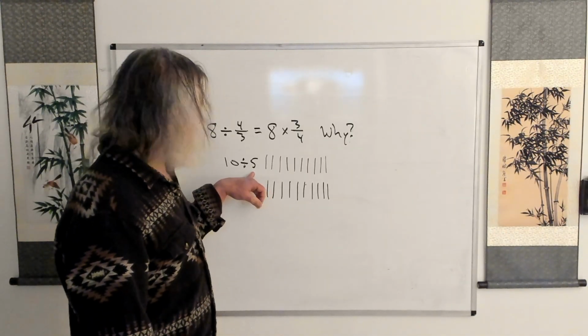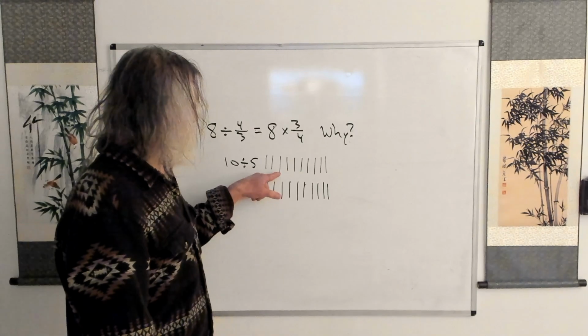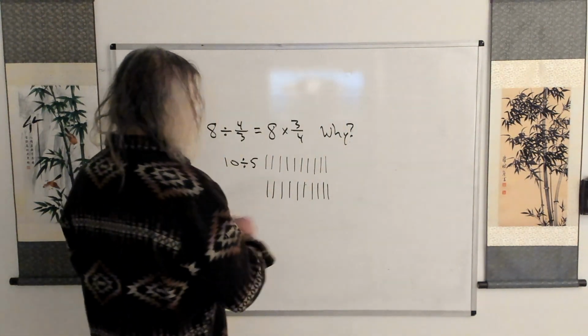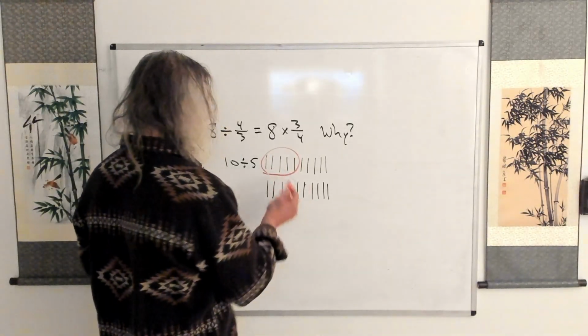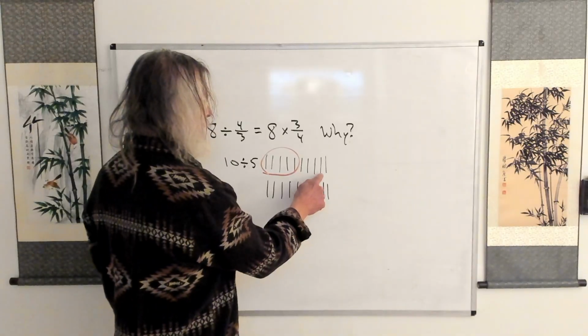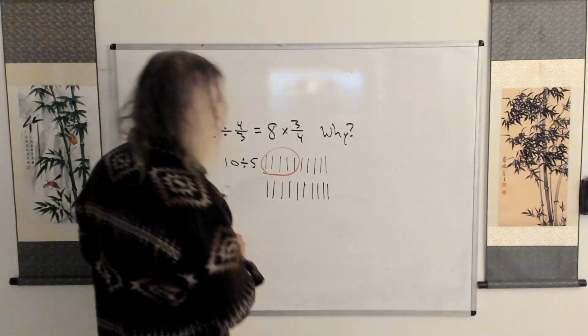We take 5 each time. So we go 1, 2, 3, 4, 5. There's one group. And then 5 more. 1, 2, 3, 4, 5. There's 2 groups.